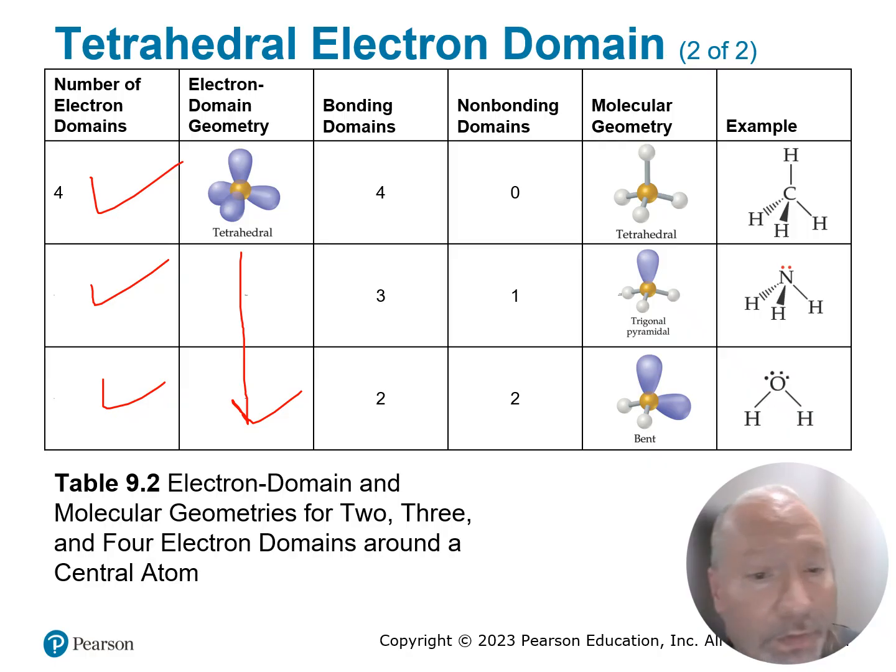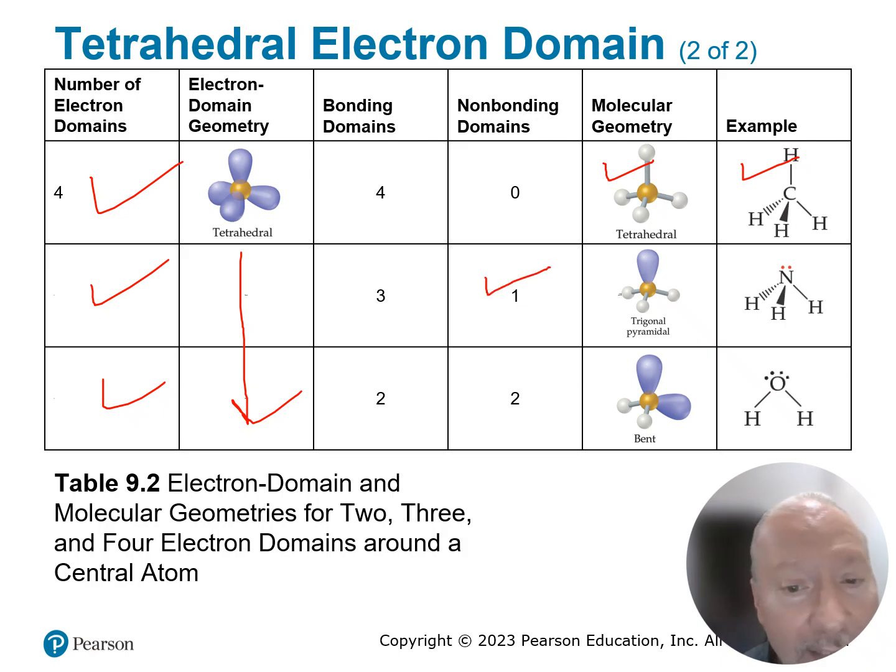For the first one, we have four bonding domains and zero lone pairs. So we have a tetrahedral structure, and a good example of that is methane. Now we go to a situation where we have four electron domains as before, but now we only have three bonding domains, and we add one non-bonding or lone pair instead of a bonded group. And now we have a trigonal pyramidal molecular geometry.